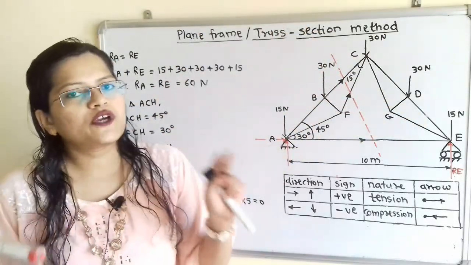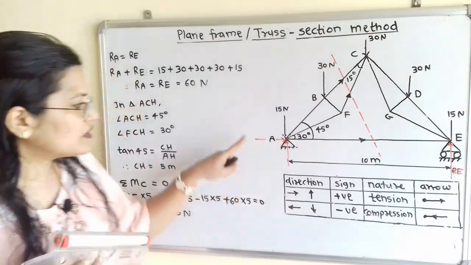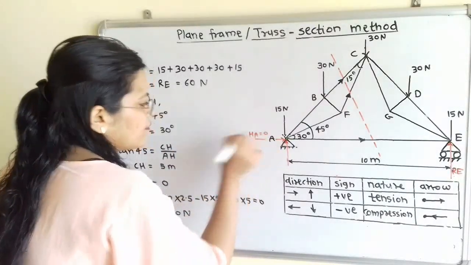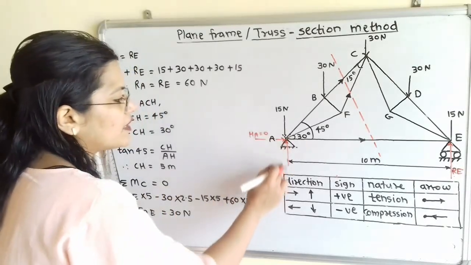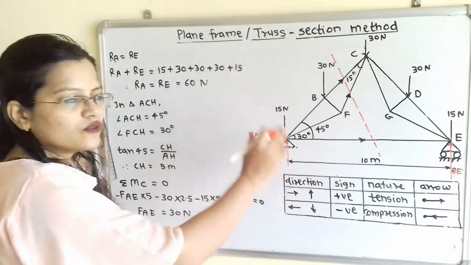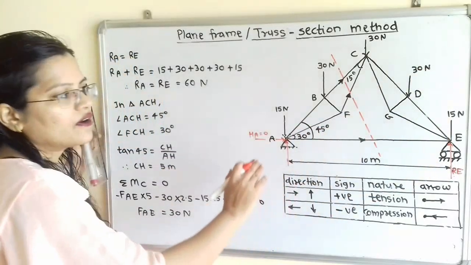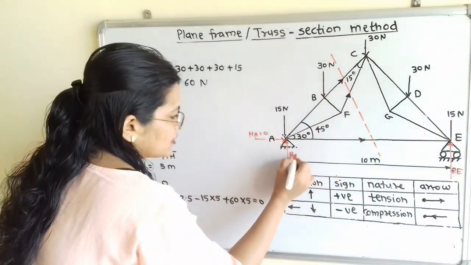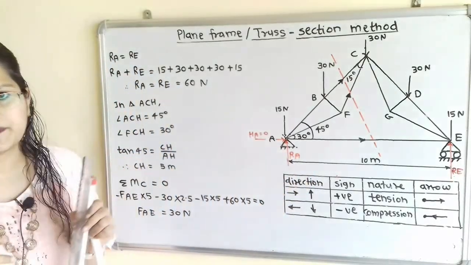There is no horizontal force. So this horizontal force at A, that is HA, is equal to 0. So there is only vertical force which is used to balance all the vertical forces which are in downward direction. So I will say reaction at point A is RA.